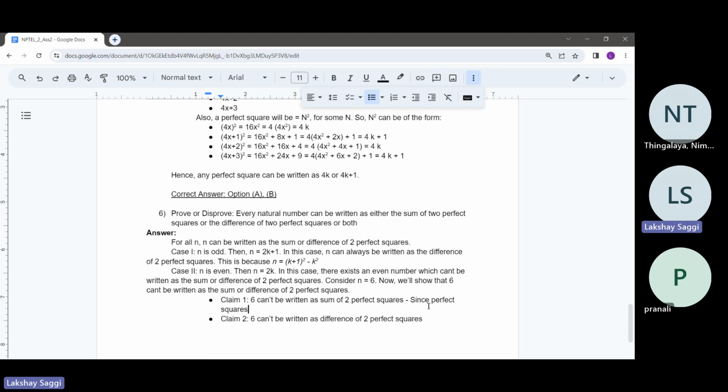I'm just giving you some intuition. Let's say we were able to write 6 as sum of two perfect squares x and y, so that 6 is equal to x square plus y square. Then since perfect squares are always positive, we can say that x square will have value less than or equal to 6, right?